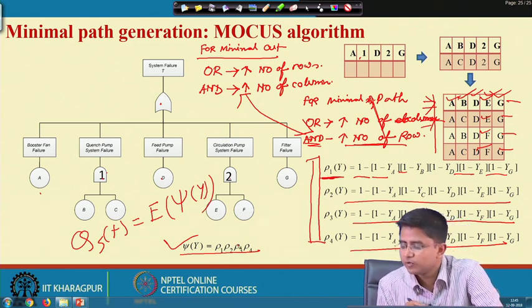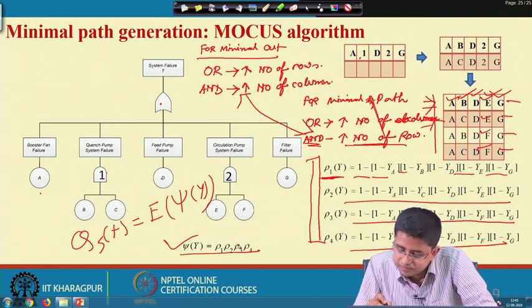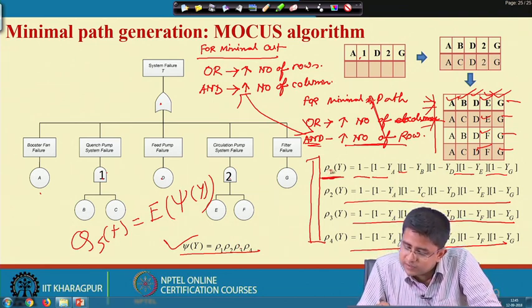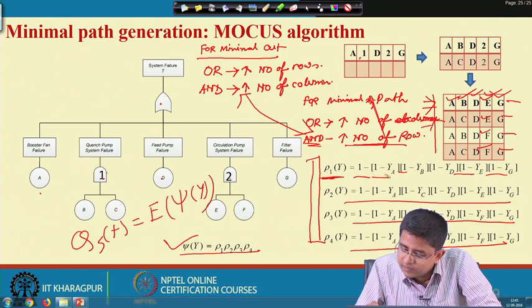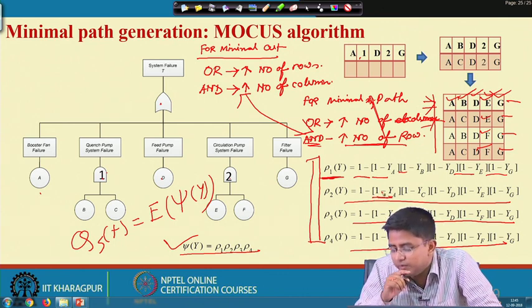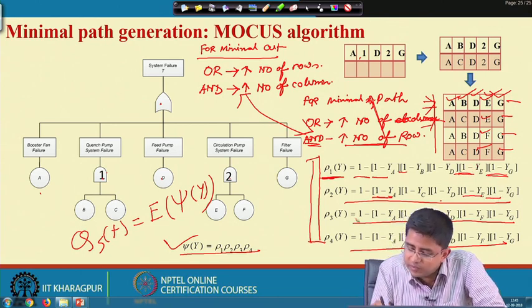But one thing you have to notice here: in the path structure, the term 1 minus y a, in the second path structure again 1 minus y a is coming, 1 minus y e is also coming, 1 minus y g is also coming.